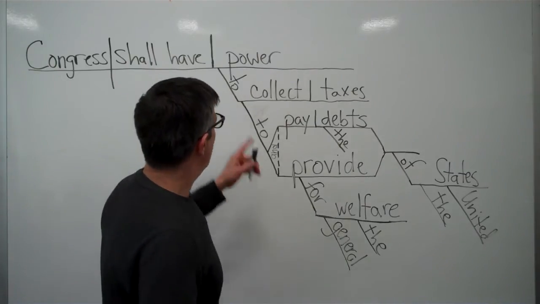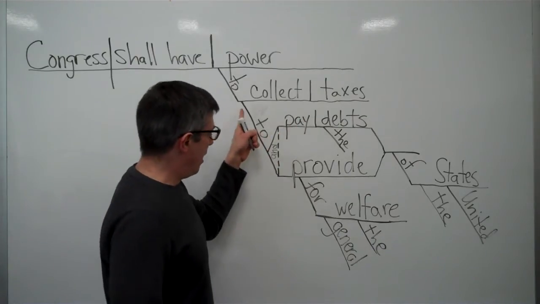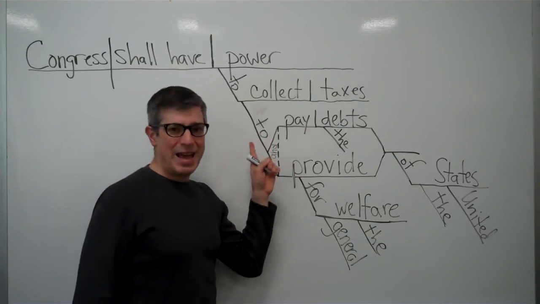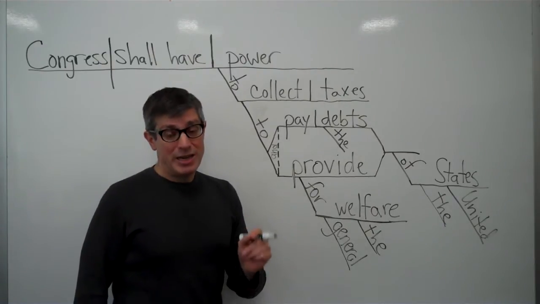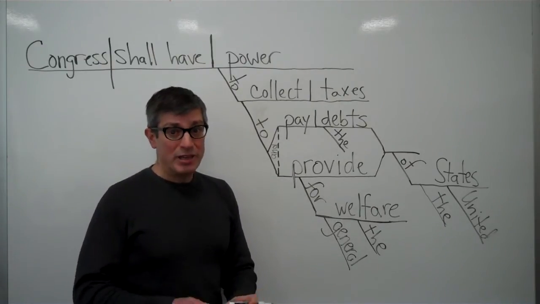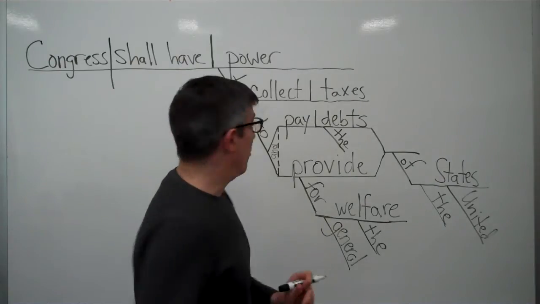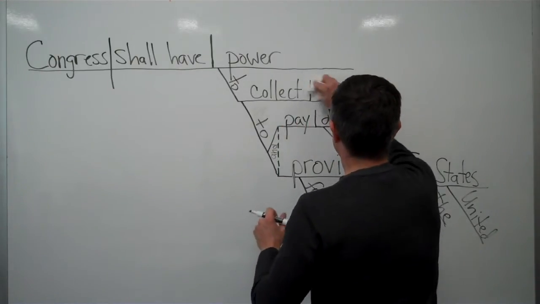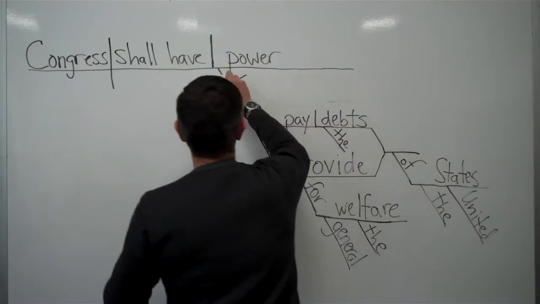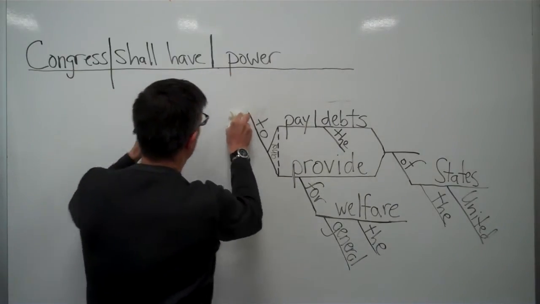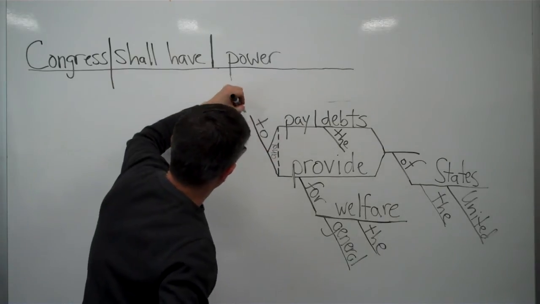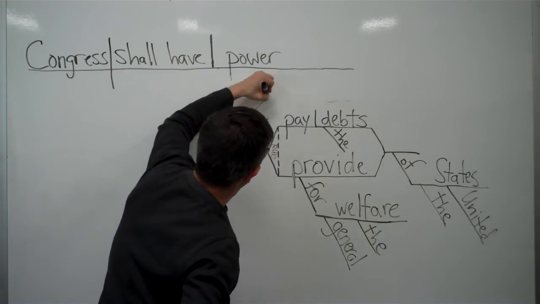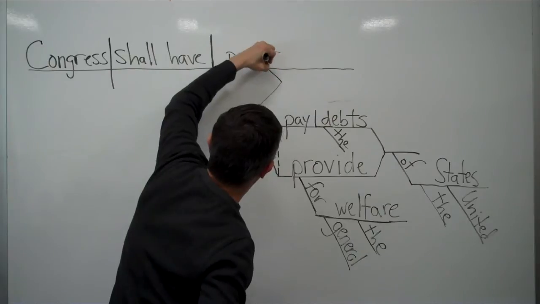That is, maybe these infinitive phrases, to pay debts and to provide for the general welfare, maybe they aren't adverbial. And we can see this if we rediagram it in the other way that one could diagram this sentence. You can try and figure out what that would be while I'm doing it here. So we have to get a little bit fancy here.